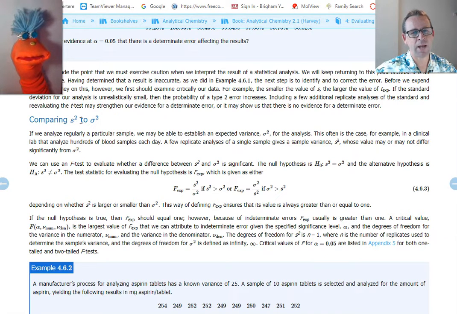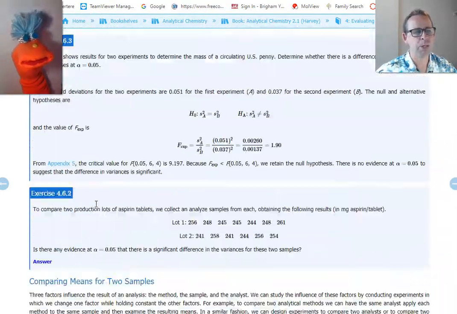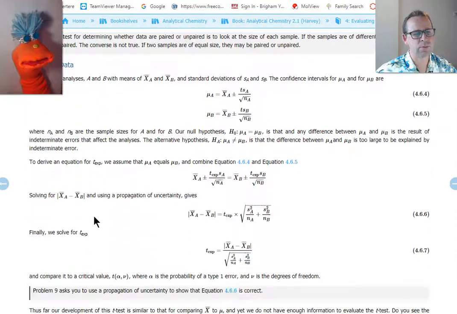So, for example, if I have one method for detecting my analyte, and then I have a different method of detecting the analyte, if the two methods differ in their precision, so if one has a very small variance because it's new and better, but the other one has a very large variance, then your ability to compare the two methods and determine whether or not the averages, the mu, are different becomes a problem because that variance is an issue.